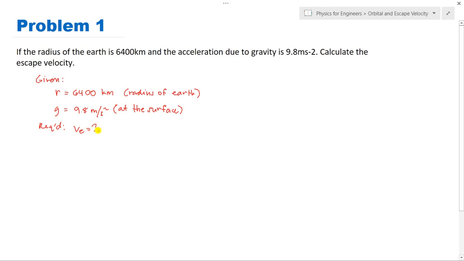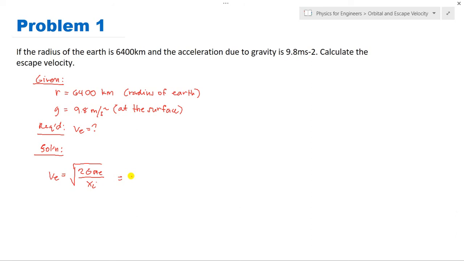Okay. Since we are given G and R, so, okay. Solution. There are only two givens, G and R, so we are limited because from the general formula of VE, that is equal to the square root of 2G mass of the Earth divided by, what is this, xi, right? Since this is in terms of G and R, we assume the distance is at the surface.